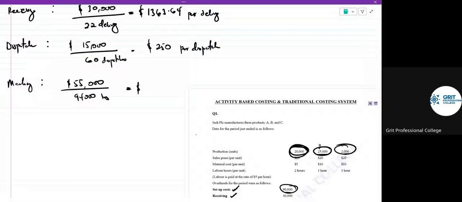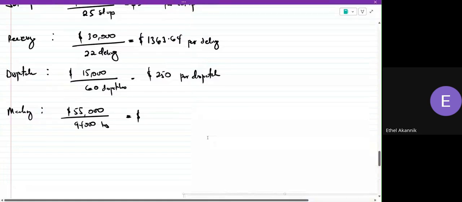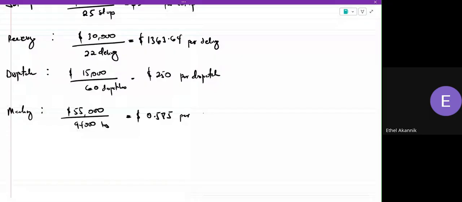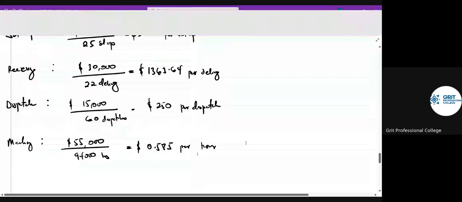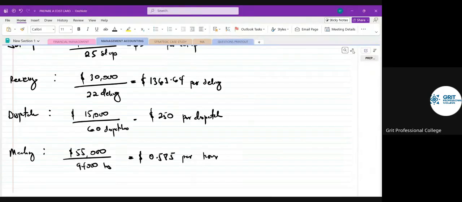And that gives us what? 0.585 per hour. Okay. All right. So this is the cost driver rate. There's a time that the examiner will just ask you, calculate the activity rate or just calculate the cost driver rate. And that's the question. That's all.